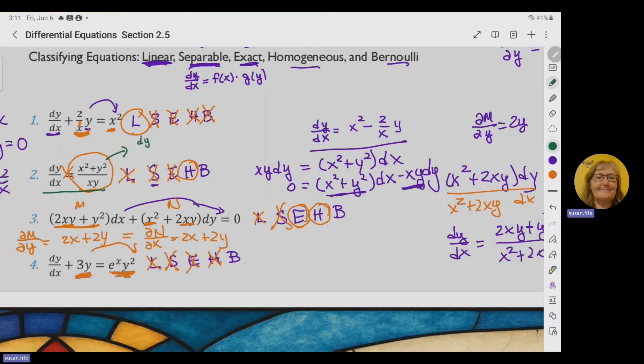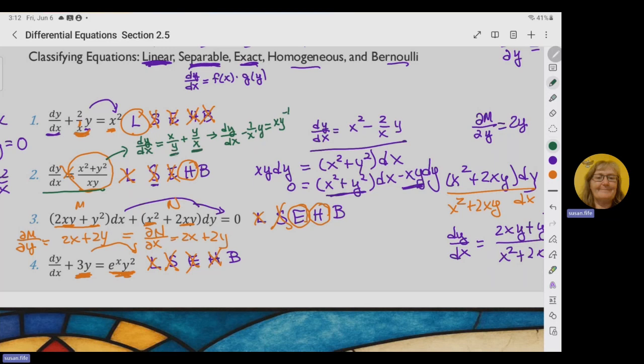I'm going to rewrite that as dy over dx equals x squared over xy is going to give me x over y plus y squared over xy is going to give me y over x. So if I bring this linear term over to the left side, I get dy over dx minus, let me write that as 1 over x times y equals, on the right side, I'm going to write this as x times y to the negative first.